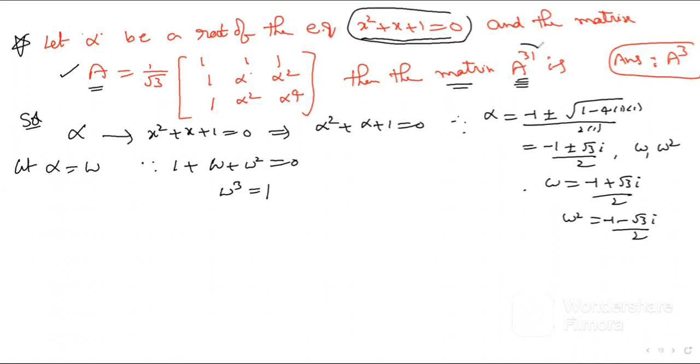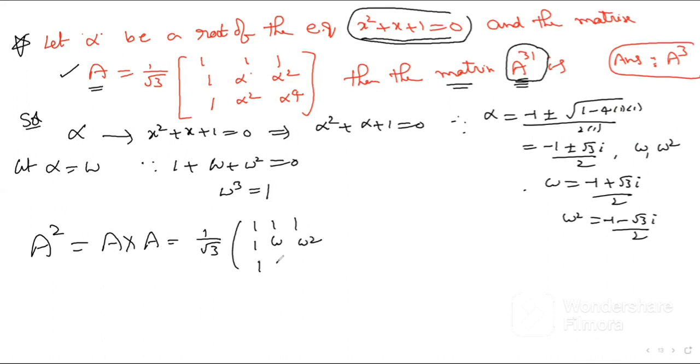First, what is required here? A to the power 31 is required. First we have to find the A square value. A square is nothing but A into A. So A into A: 1 by root 3 times the matrix 1, 1, 1; 1, omega, omega square; 1, omega square, omega to the power 4.